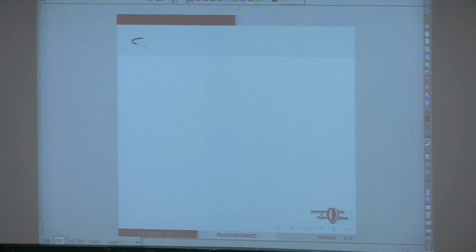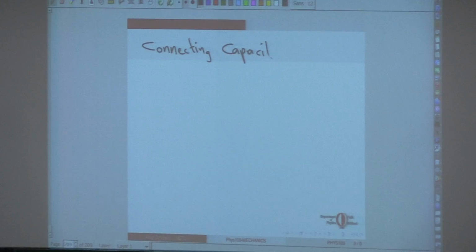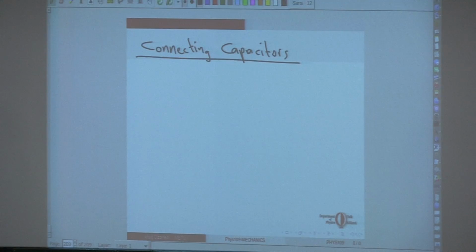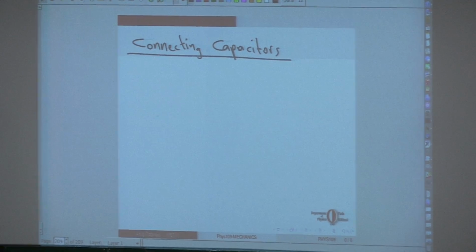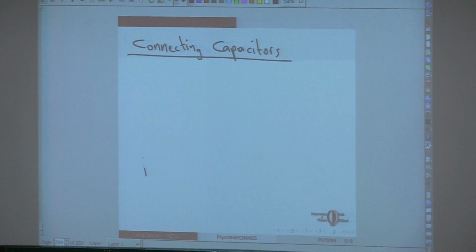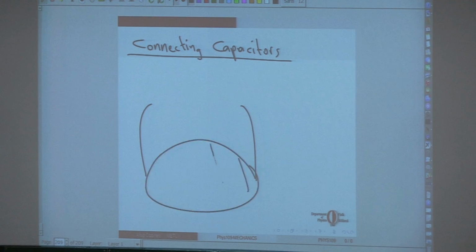Now let's see connecting capacitors. Of course, when you have capacitors, eventually you would like to connect them to something. You want to make some use out of them. So this is whatever circuit you have that will use these capacitors.